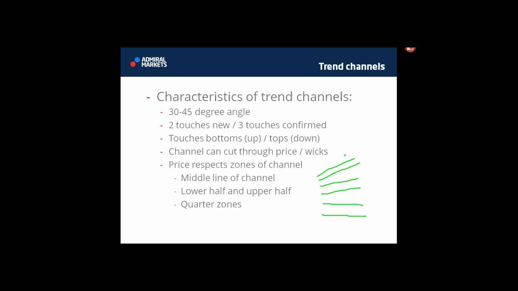So you can see that price will be like this. Would it be more of a trend channel, right? Like that. So when a channel has something like a 30 to 45 degree angle, that's more characteristic of a real trend channel, and the trend is taking place.